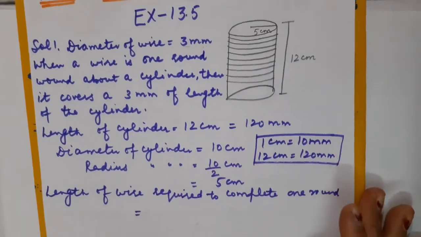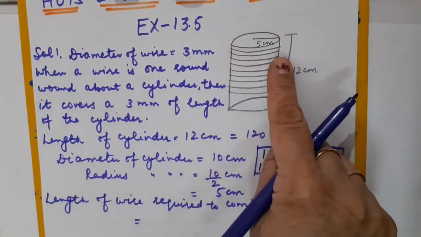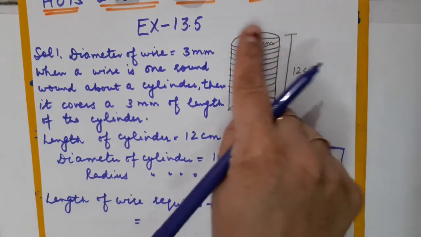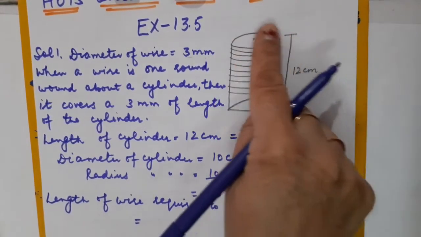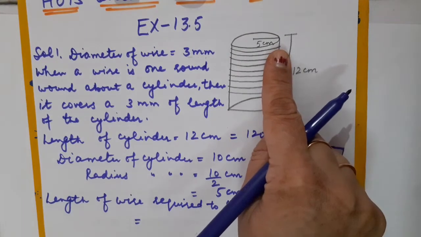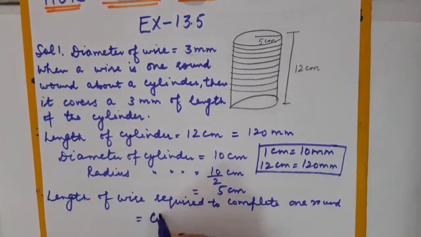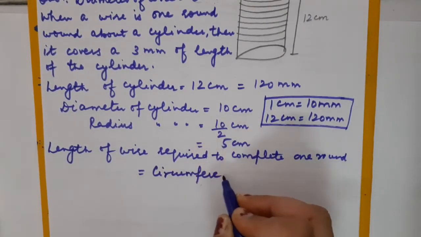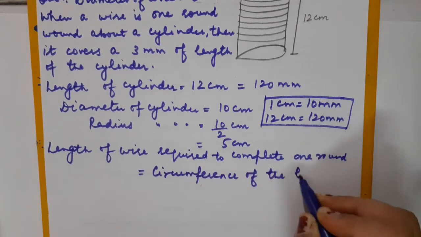Children, you know that when I wind a wire around the curved surface area, it is going to cover the circumference of the base of the cylinder, right? Because that would be nothing but circular in shape, correct? So what would it be equal to? It must be equal to the circumference of the base of the cylinder.